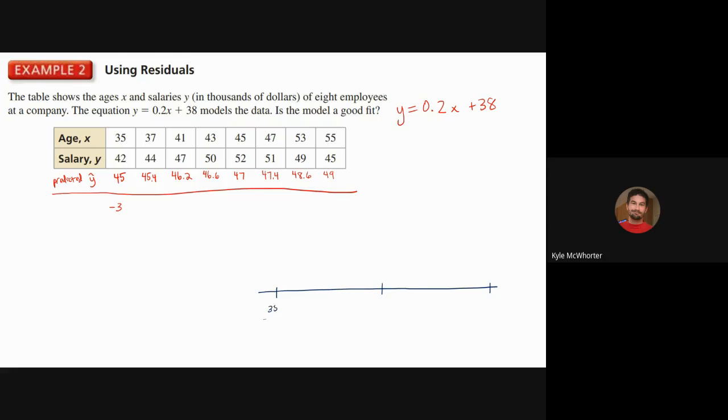So 35 is the lowest, 55 is the highest. Halfway in between them would be 45. That would be 40, that would be about 50.